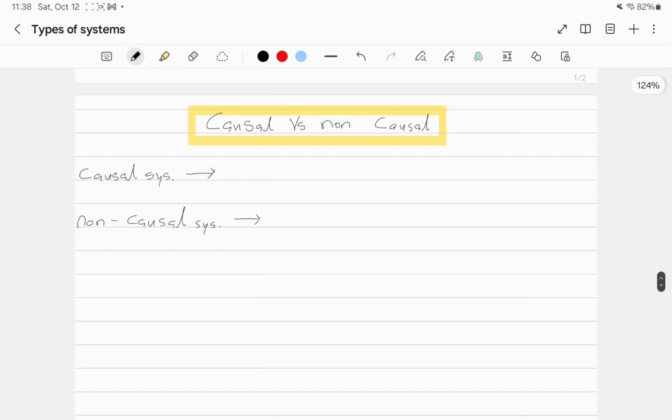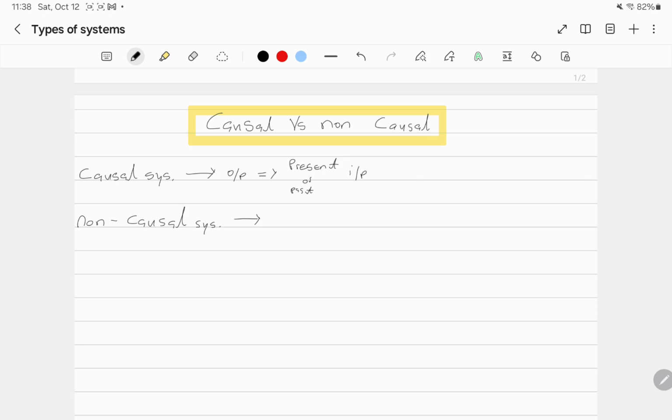And the way it works is the output is depending on the present or past values of the input.